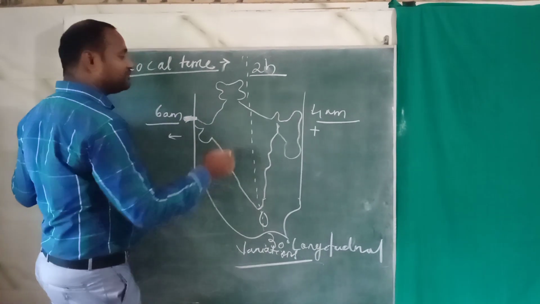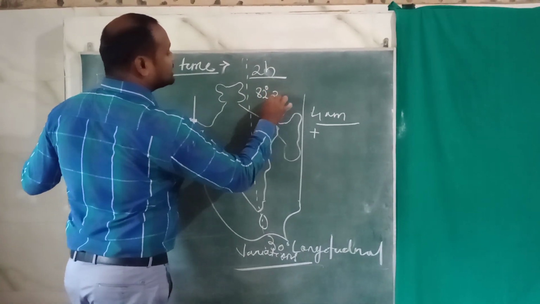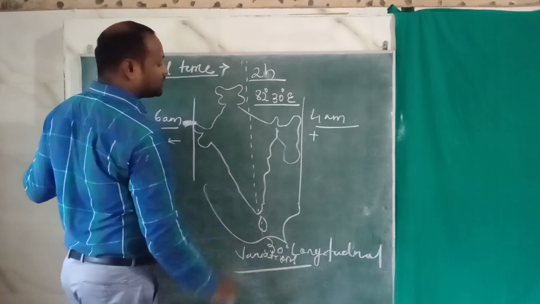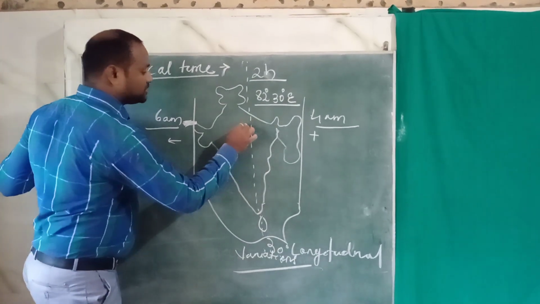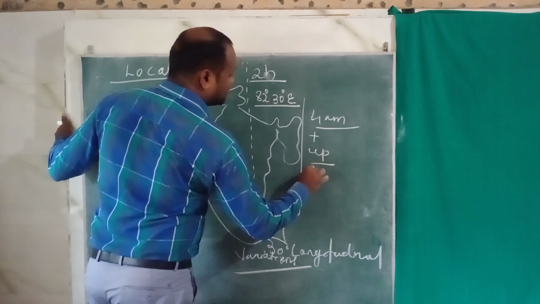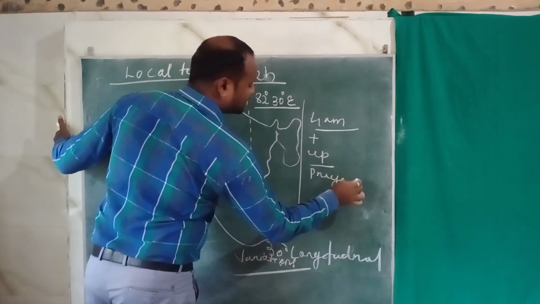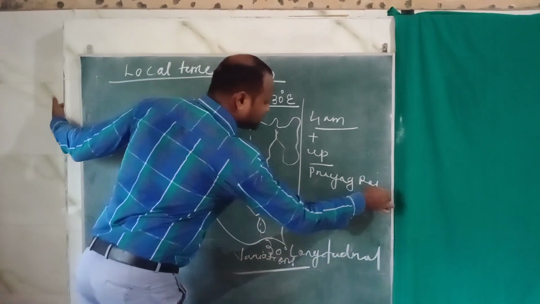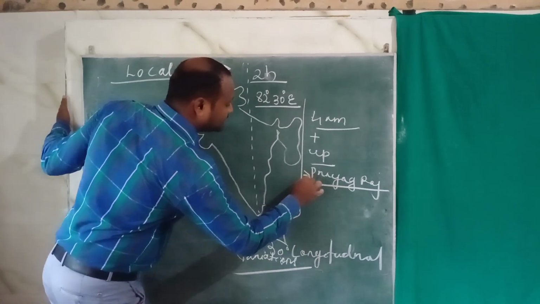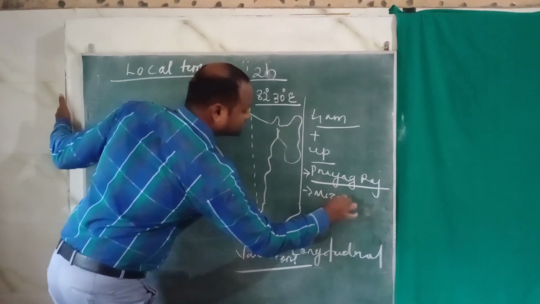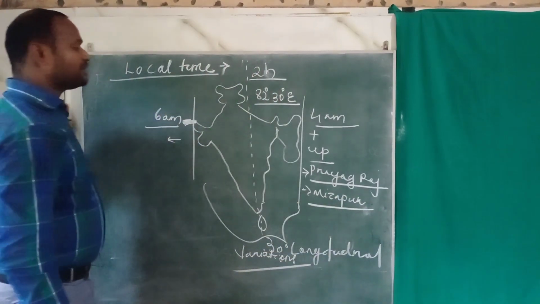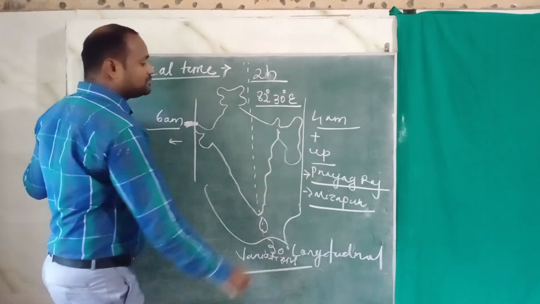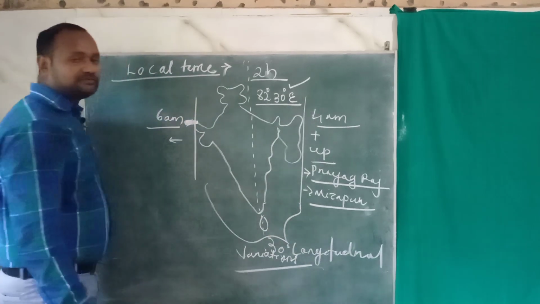For that reason, we are taking the standard time of India. The standard time of India is 82 degrees 30 minutes east, which passes through Allahabad, or Prayagraj, the new name of Allahabad, and Mirzapur in Uttar Pradesh.